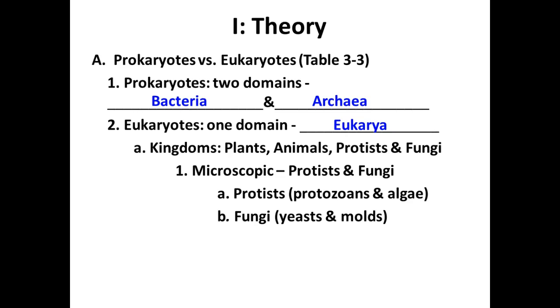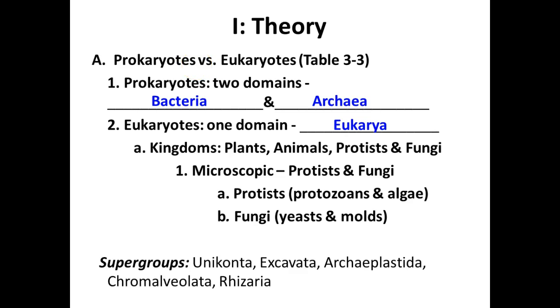The common kingdoms that most people accept are the kingdoms animals, plants, protists, and fungi. And then some informal classifications that we look at: protists usually include the protozoa and algae, and when we're talking about fungi, we're talking about yeast and mold. Those are common names that we understand, groupings of these types of organisms. But again, we're going to look at each one of these supergroups.